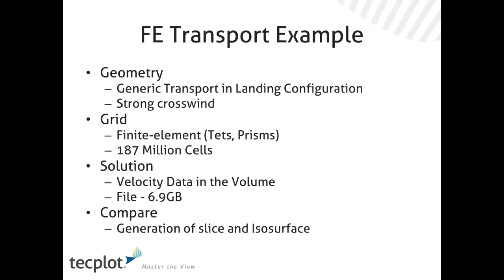It uses a mixture of prisms near the wall to capture the boundary layers and TETs away from the wall. 187 million cells total. We're going to be looking at velocity data in the volume. There you can see the sizes, etc. We're going to look at the slice and an isosurface on this.